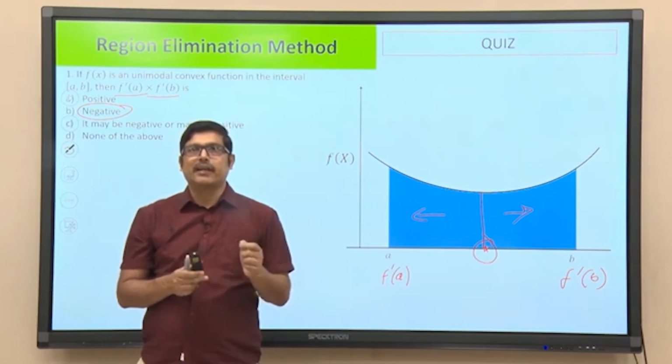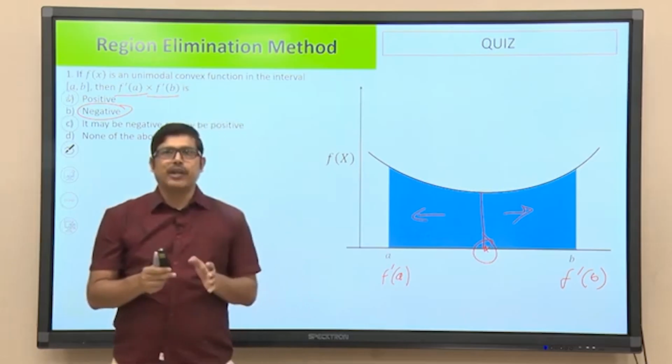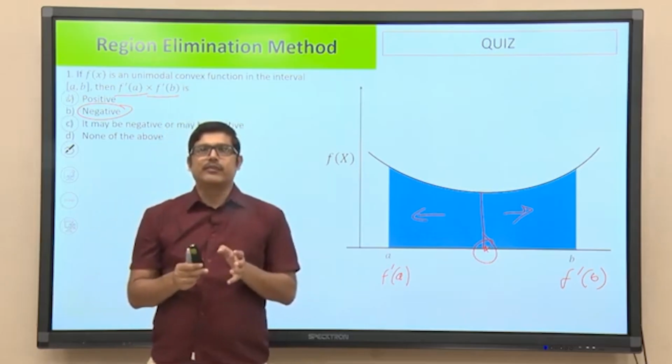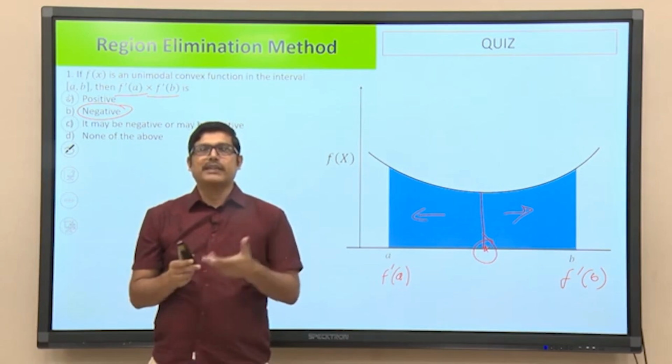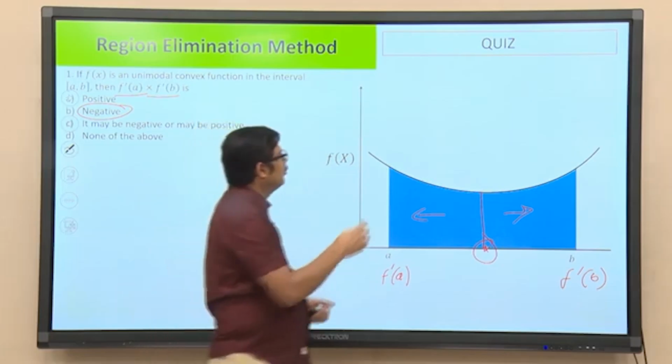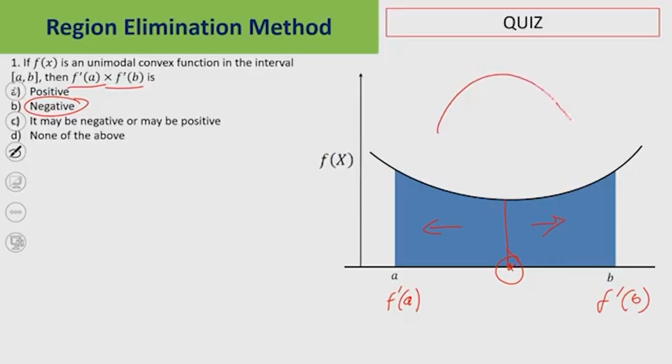So, I can say that if the product of these two derivatives is negative, then there is a minima between A and B, or there is a maxima between A and B. This is true for this type of function also.